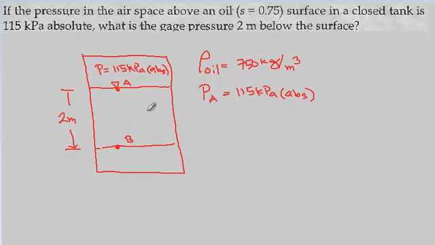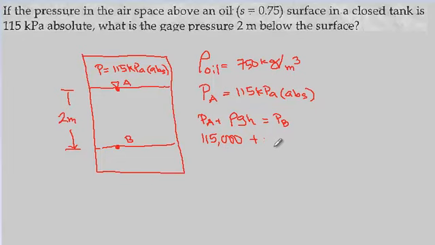So that's PA, the pressure at point A, which is 115, absolute, and we write it in Pascal, 115,000. And as you go deeper, that will be rho gh. So PA plus rho gh equals PB, the pressure at point B, which we are looking for.